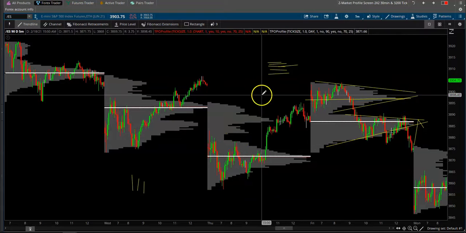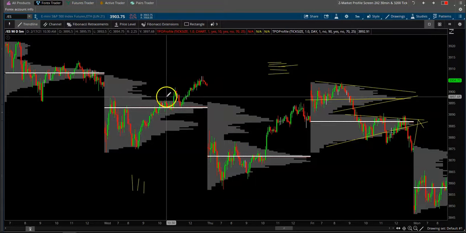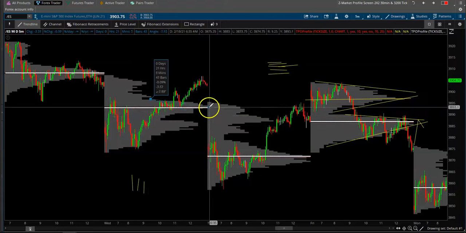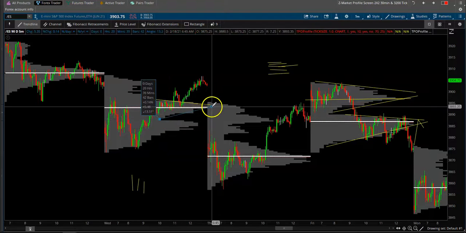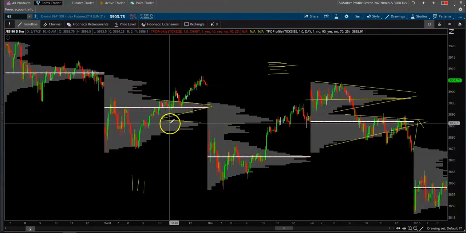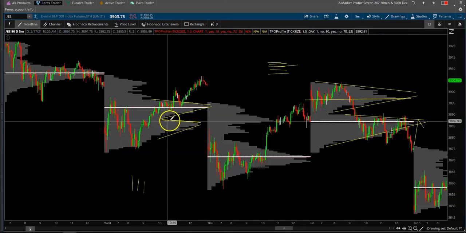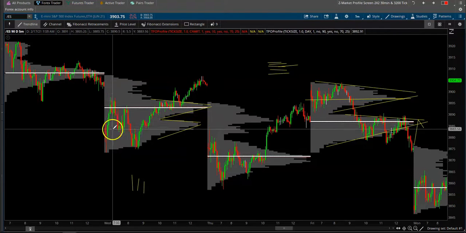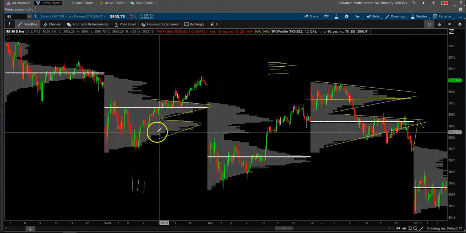Now, you could see multiple different double distributions, right? You could see there's one here, a small double distribution, and a low volume node, and then another distribution. And you see price just churned right around here.